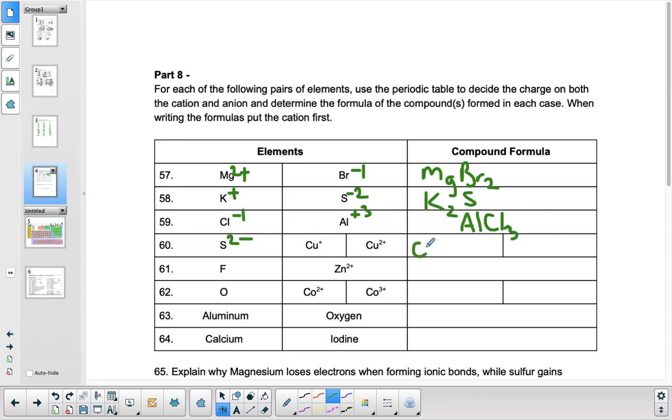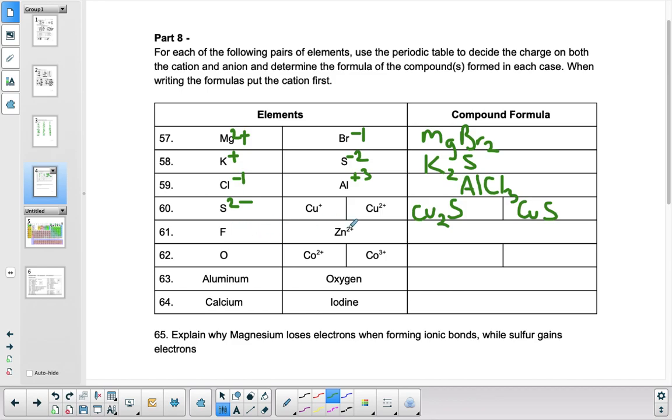So we would have Cu, our cation first, 2 times +1 is +2, and then sulfur with the -2, that's going to cancel out. Now we've got sulfur -2 and copper +2. Those cancel out perfectly, so we don't need to do anything for this one.